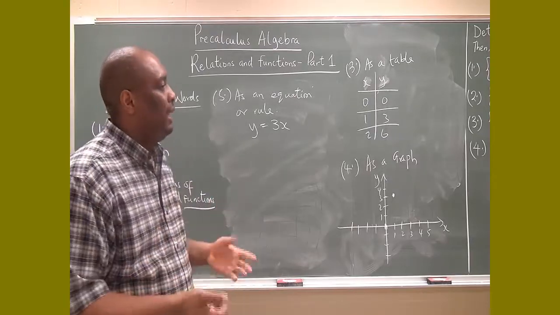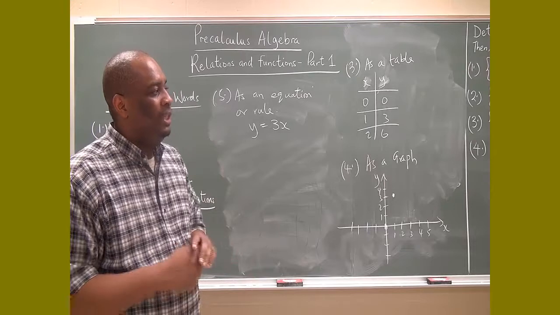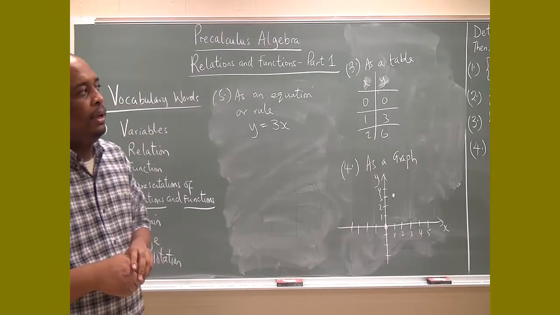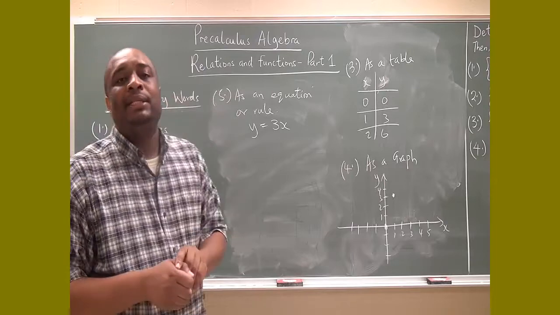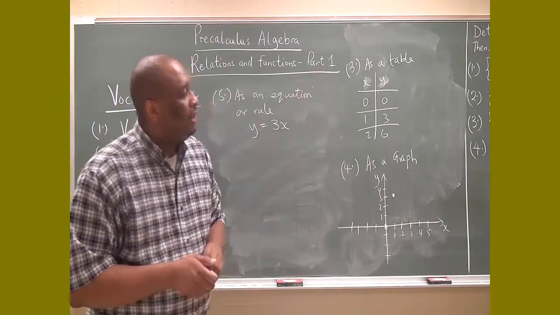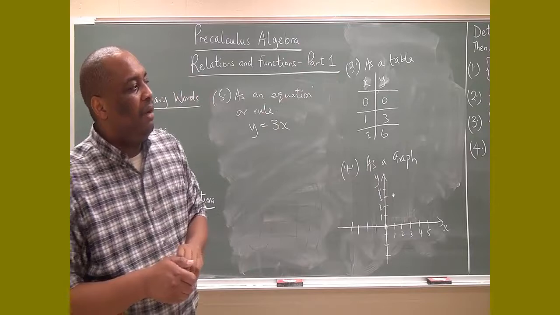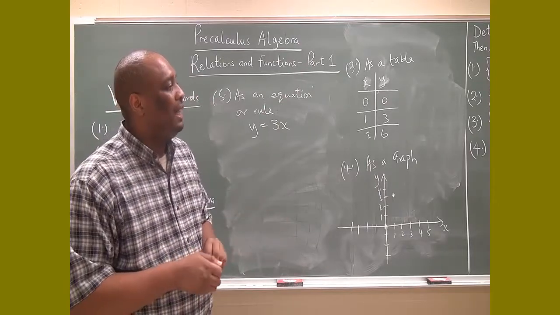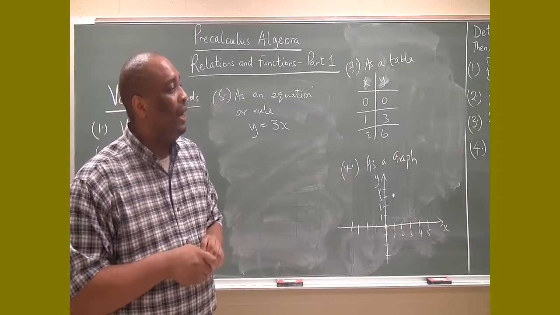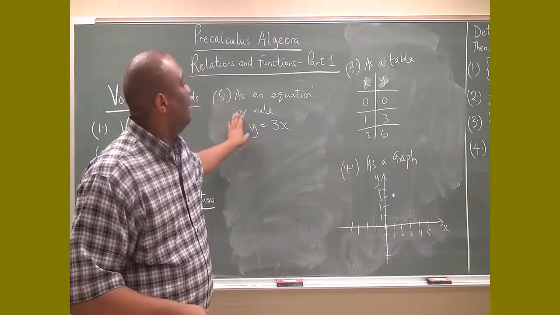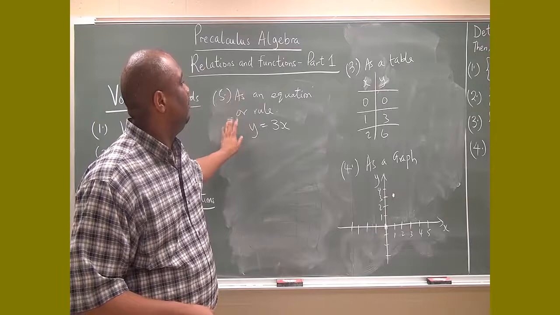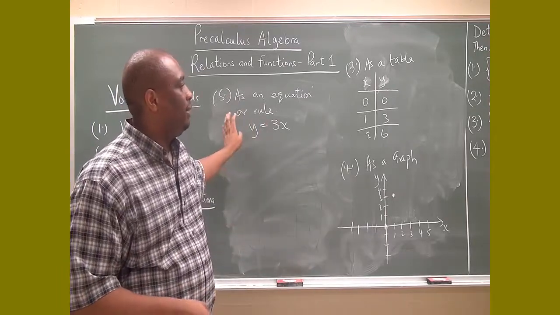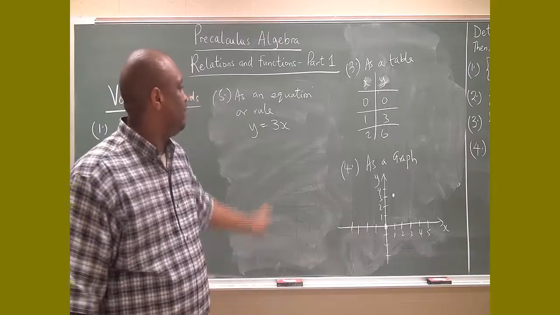For this video, we shall focus on determining domain and range from a set of ordered pairs, and also domain and range from a mapping. That is what we shall do in this video. Then in other videos we shall talk about domain and range from an equation. Some students find it difficult, domain and range from an equation.